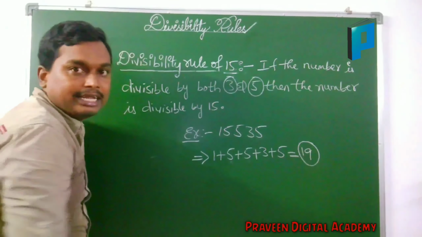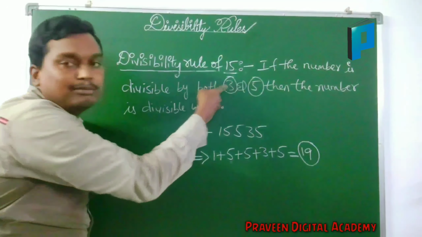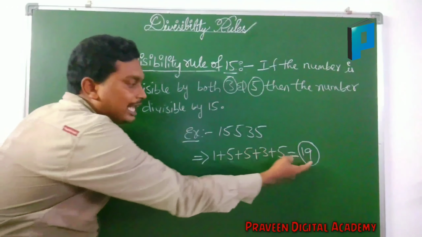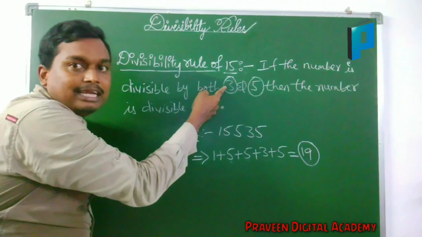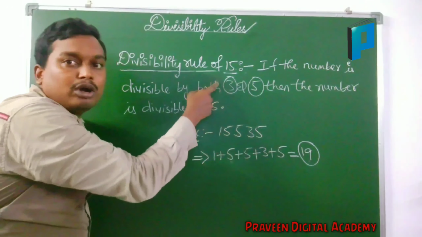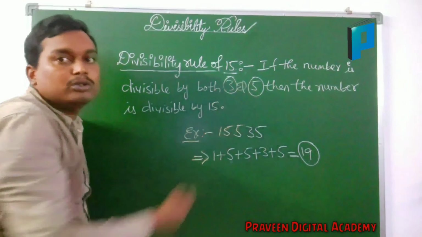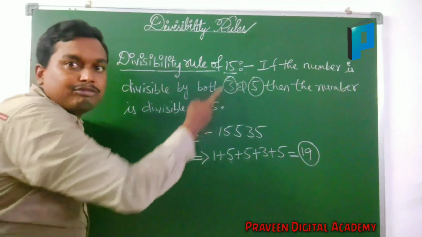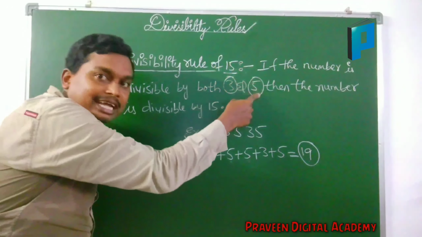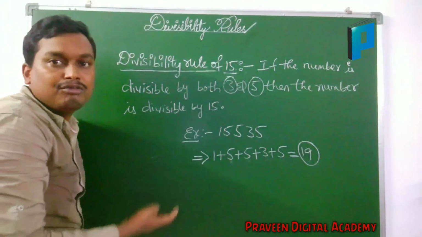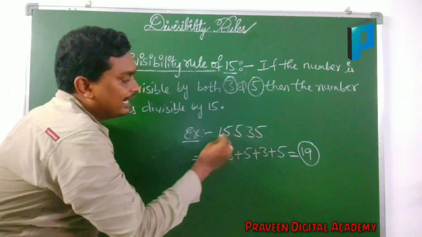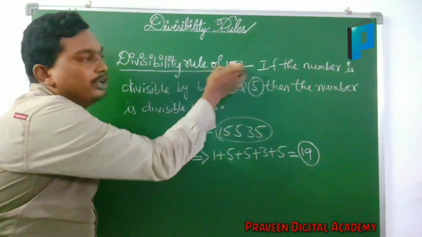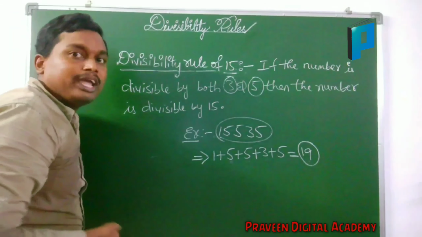Here we got 19, and 19 is not divisible by 3. If it is not divisible by the first number, there is no need to go to the second number. It is divisible by 15 only if it is divisible by both. So we can say that this total number is not divisible by 15.